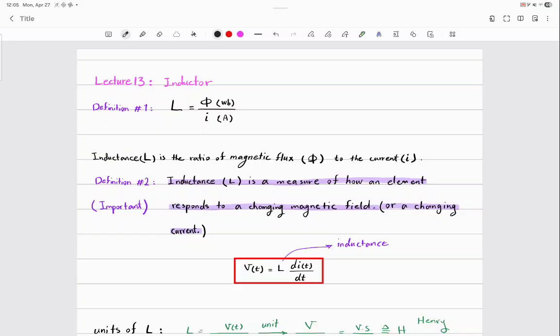So inductance is actually a measure of how an element opposes or responds to a change in either magnetic field or current. Now, can you tell me what is the definition of capacitor similar to this?